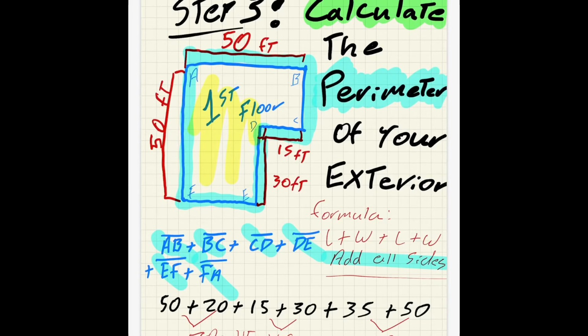And I can add them all up. 50 plus 20 gives me 70. 15 plus 30 gives me 45. 70 plus 45 gives me 115. 35 and 50 gives me 85. 85 plus 115 gives me 200. So the perimeter of my house is 200 feet. It would take 200 feet to walk around the outside of this dream house.